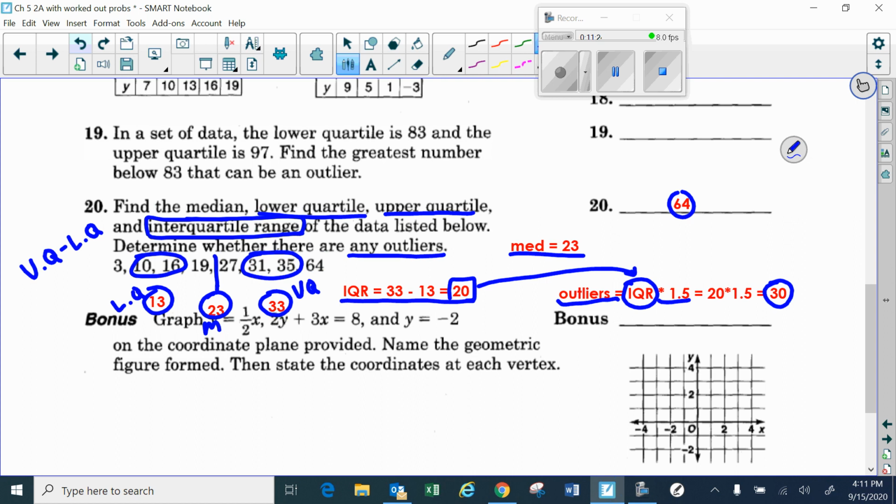Or if I take the lower quartile and subtract 30 from it, 13 minus 30 is negative 17. Do I have a number below negative 17? No, I don't. So I don't have any outlier on the lower side, but I do have an outlier on the upper side. Those are things you need to memorize that you've already learned from Algebra 1, and you might have done it also in Algebra 2. You've got to get those down on how to find those. And that will cover it for this lesson, 12 minutes.